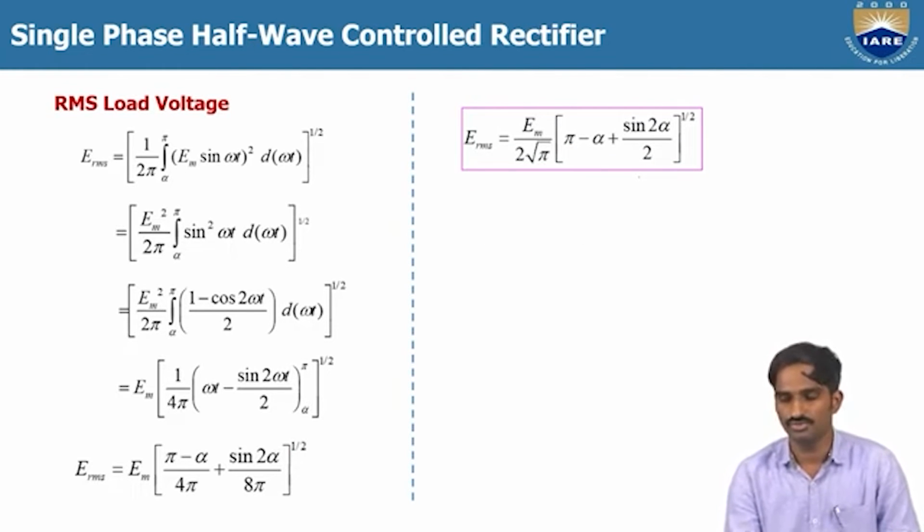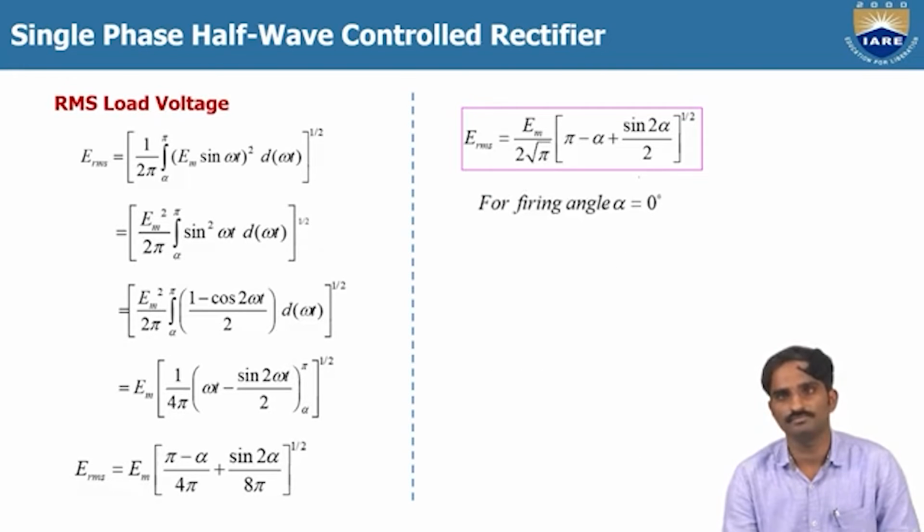Everybody should remember the RMS equation of the load voltage in case of a single phase half wave controlled rectifier with R load. That is ERMS is equal to Em by 2 root pi into (pi minus alpha plus sine 2 alpha by 2) whole to the power of 1 by 2.